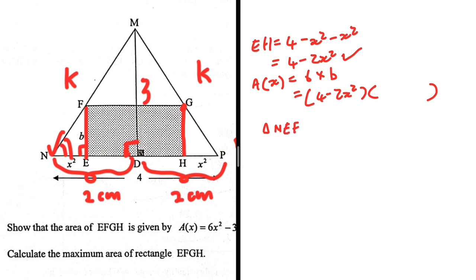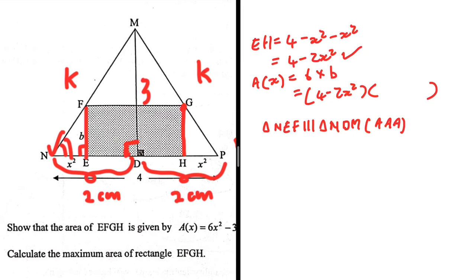These two triangles are similar because we have three angles that are equal to each other. Two pairs are equal, so the third angle is a bonus.